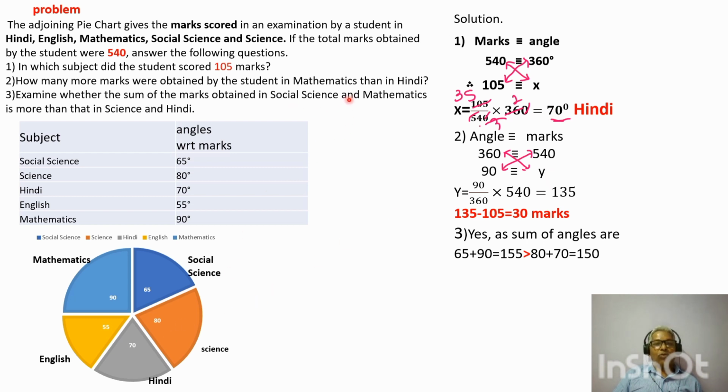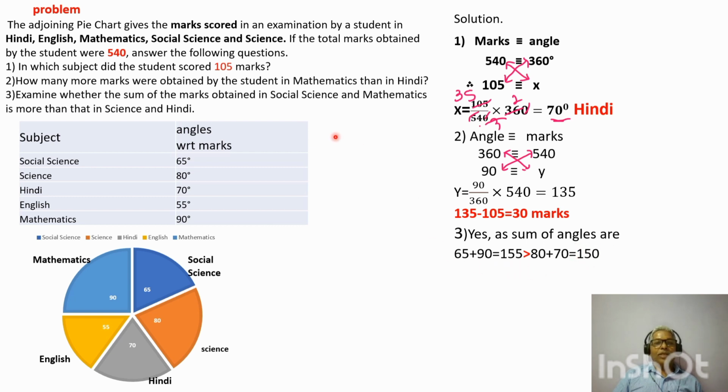So if we calculate only angles, the sum of the angles of social science and mathematics, which are social science 65 and mathematics 90, is 65 and 90 is 155, and for science and Hindi it is 80 and 70, which is 150.